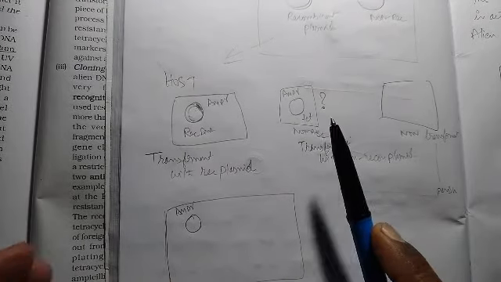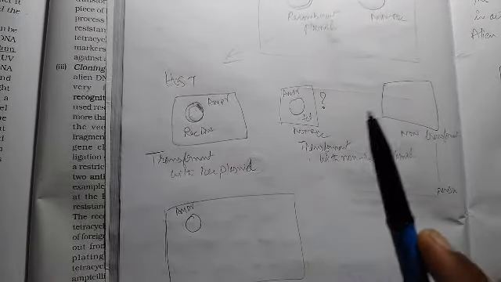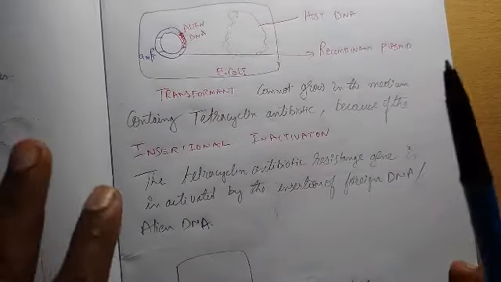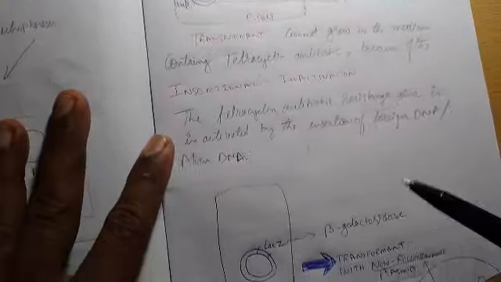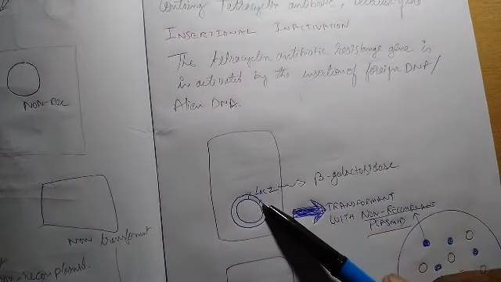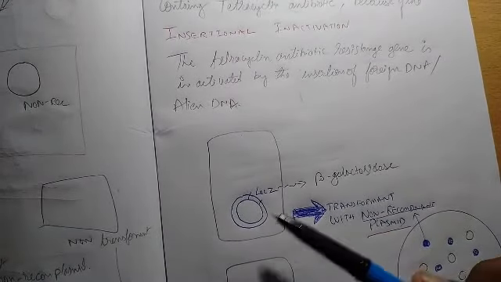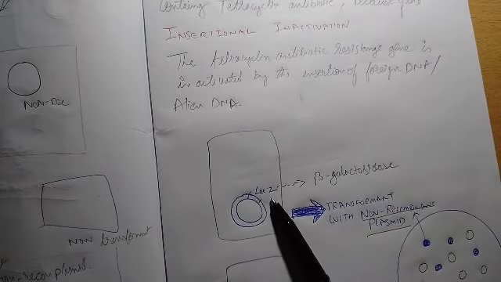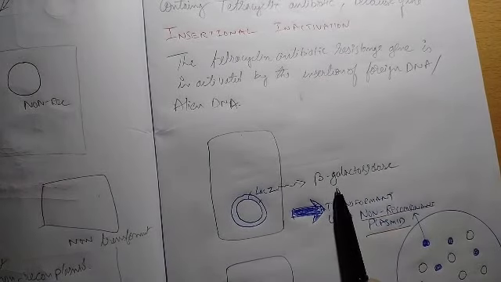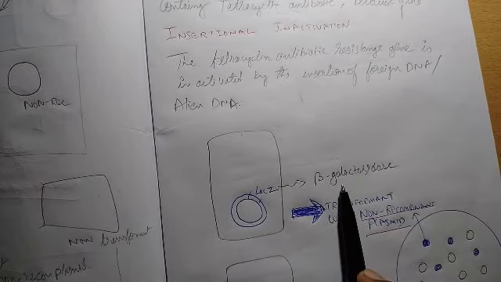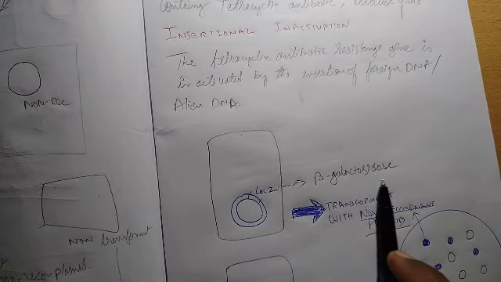To overcome this problem, we try to introduce the alien DNA within the LAC-Z gene. This LAC-Z gene will produce the enzyme beta-galactosidase.